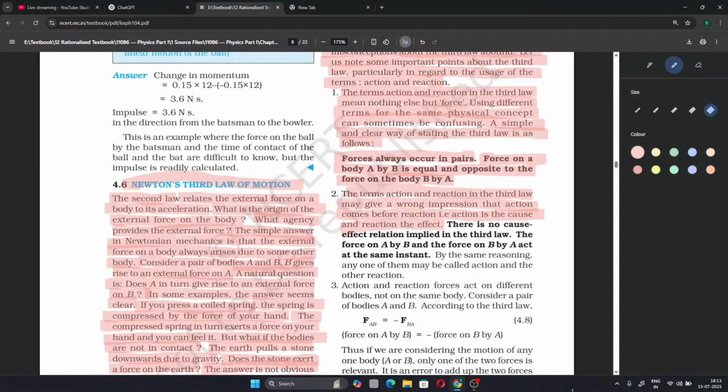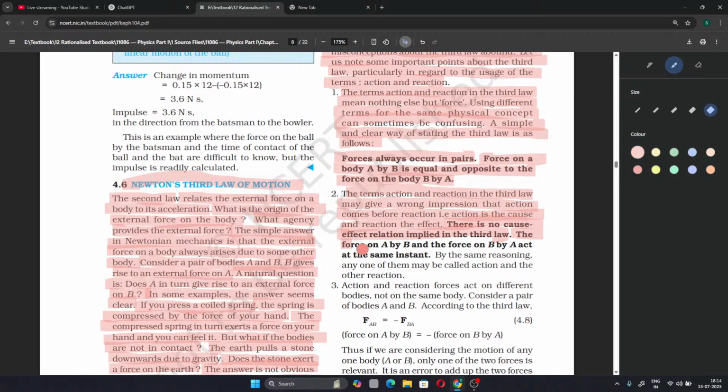There is no cause and effect, meaning there is no after and before. Action comes at the same instant a reaction also happens. There is no cause effect relation implied in the third law. That is what it means. Basically, both happen at the same time.